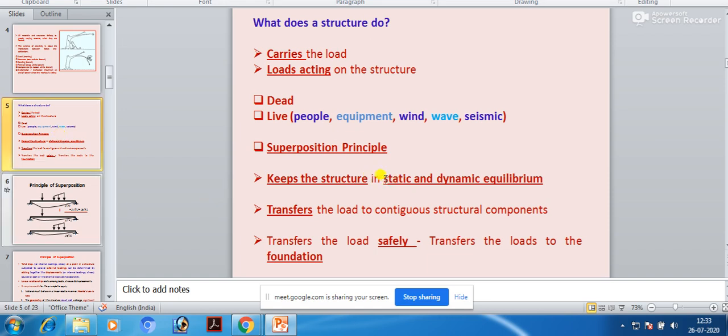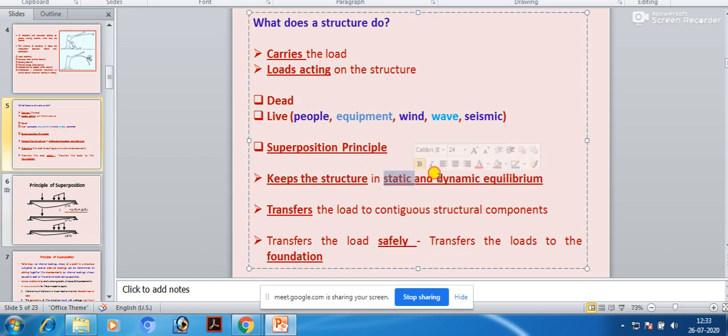One is the static equilibrium and the other one is the dynamic equilibrium. Why? Because you see, the general dead loads and the general static kind of live loads. Static kind of live loads means people are sitting, an almirah is sitting, your chair, your sofa is sitting on the floor. Those can be considered static kinds of live loads.